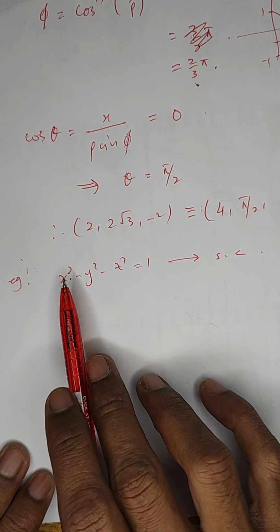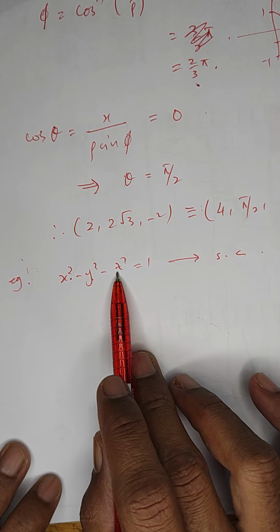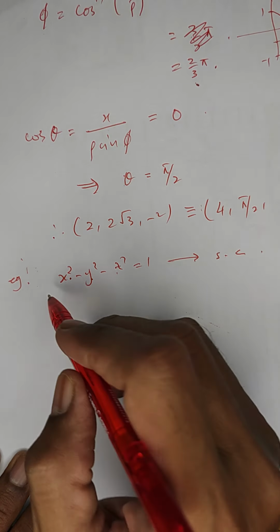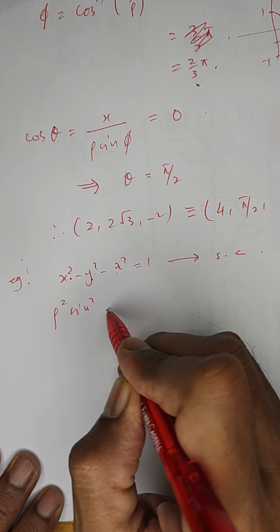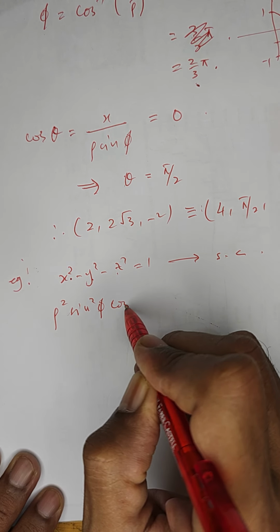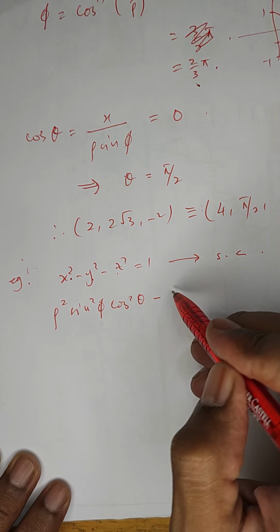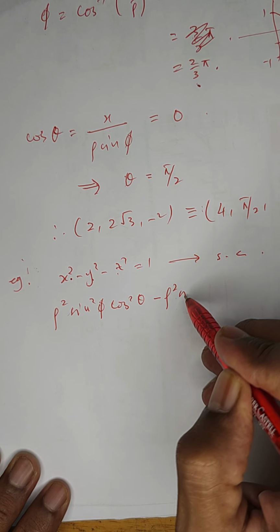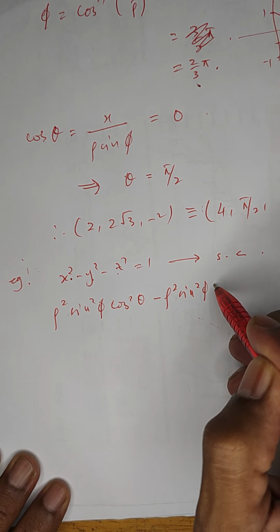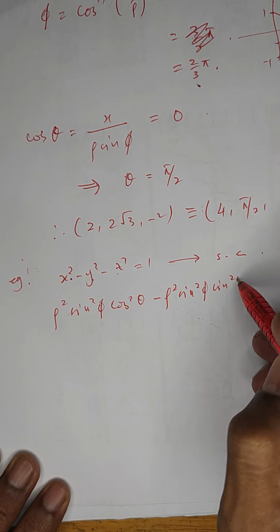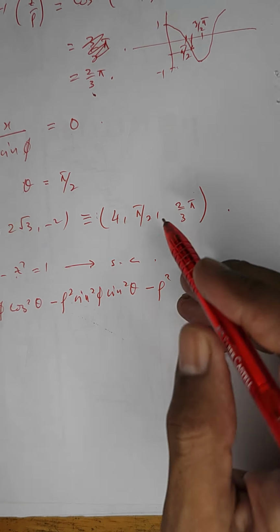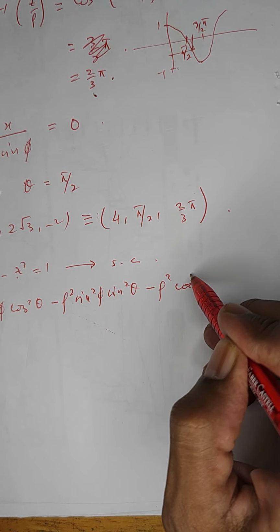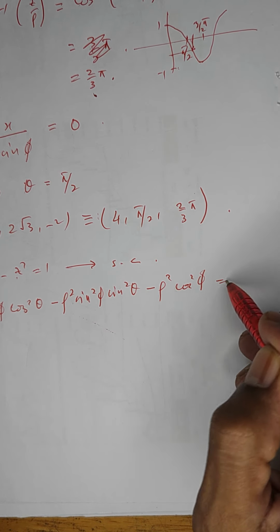So you just use what x, what y, and what z are. So from there we have rho squared sine squared phi cos squared theta minus rho squared sine squared phi sine squared theta minus rho squared cos squared phi, that's equal to 1.